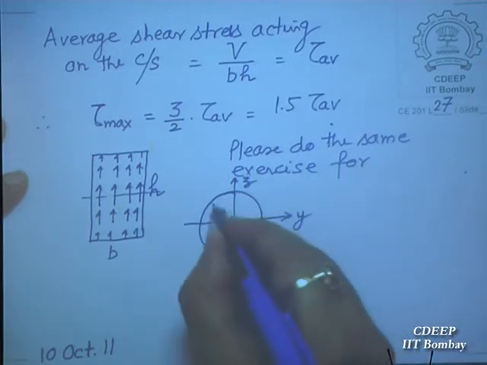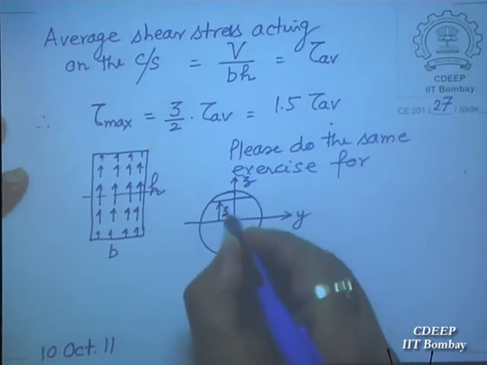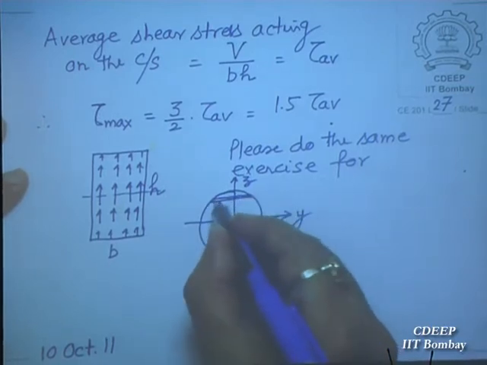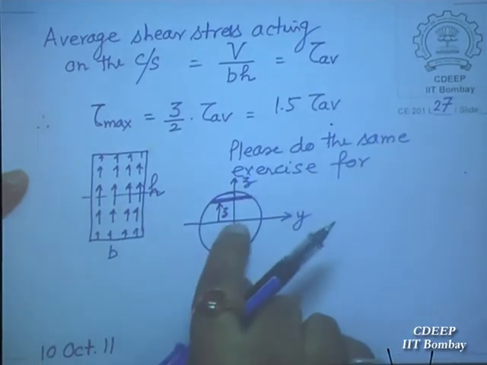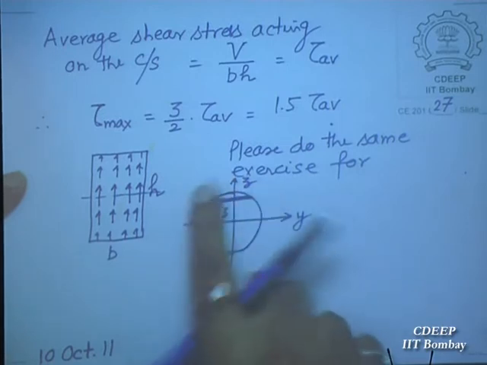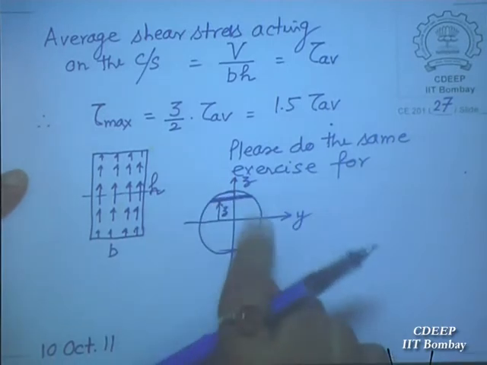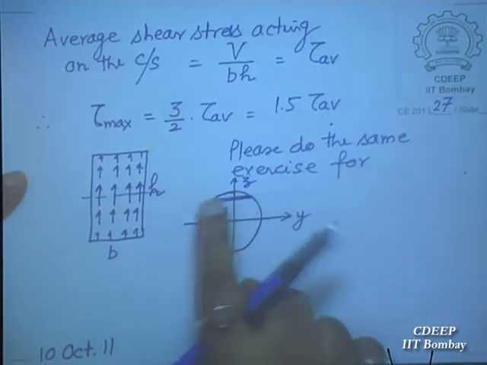Take a fiber at a distance Z of thickness dz, and then do this the way I have told you, and then find out the maximum shear stress at the neutral axis, and then the average shear stress. Average shear stress will be V divided by the area of the cross section, which is pi a square.